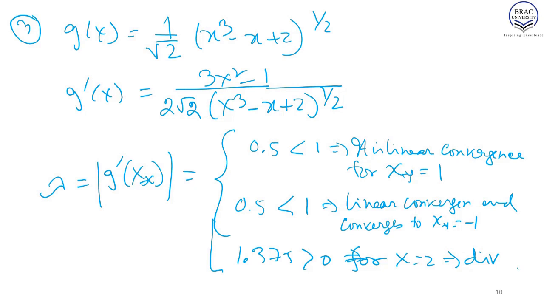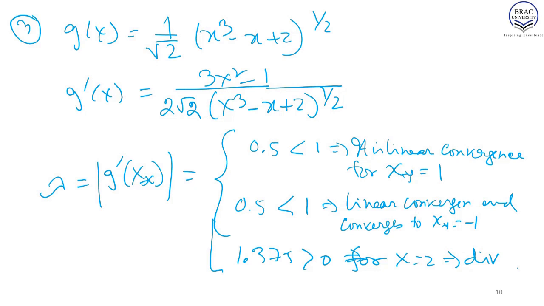So in part A, we found the roots, and from the graph the roots are +1, -1, and 2. In part B, we computed three different possible g of x, and in the third part we computed the convergence rate for all three g of x at these three different roots. For the first choice, we did not find any converging point, meaning all three roots are diverging.